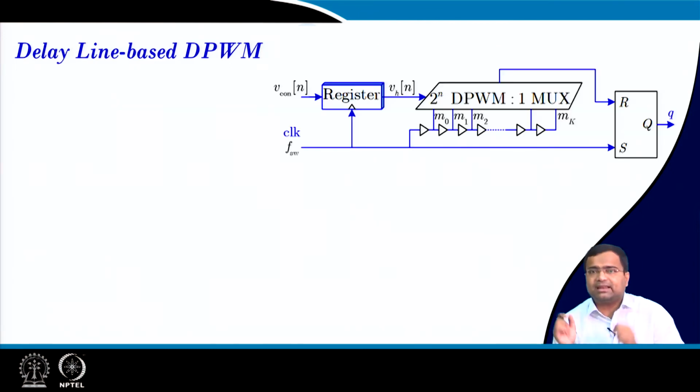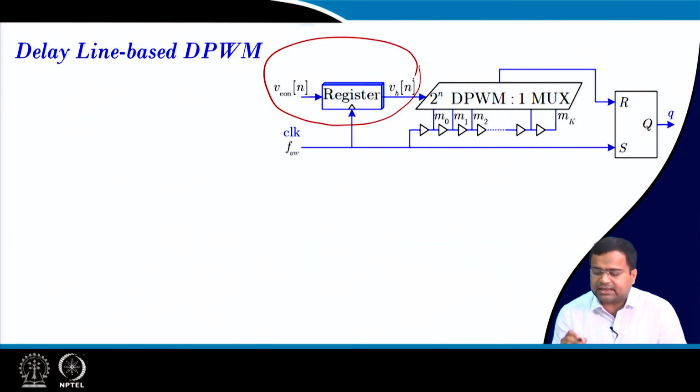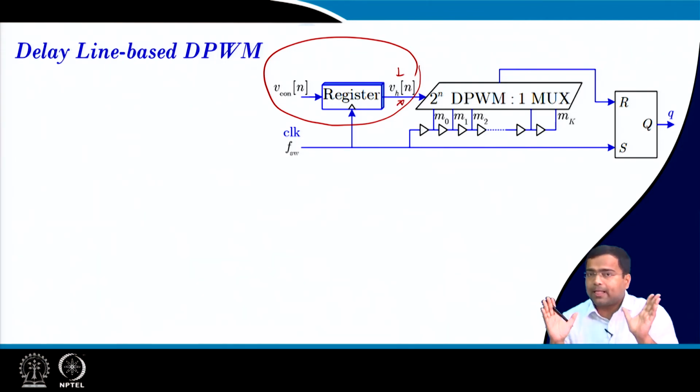It is called delay line approach, where again this part is common, that resistor is there and this has to be compared. Now, we need to compare this value with the sawtooth waveform. So, here we are not using any high frequency switching clock, we are simply using the switching frequency clock itself, but we are using many buffer circuits.